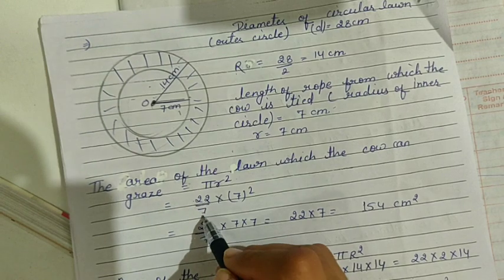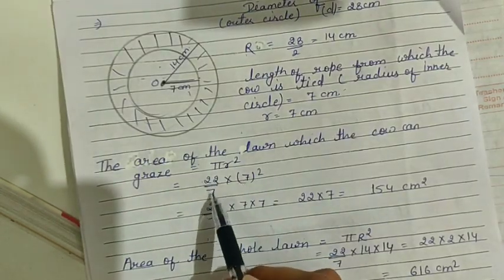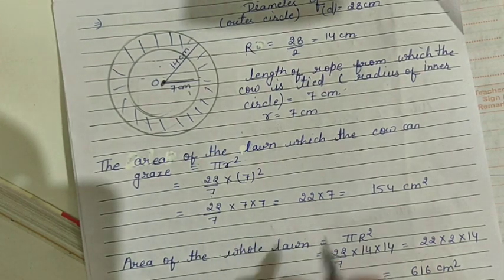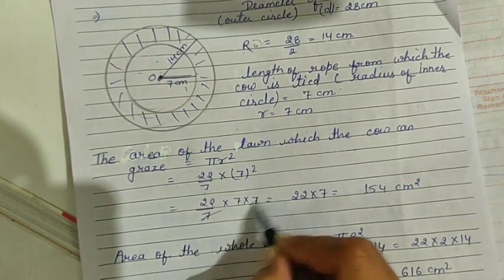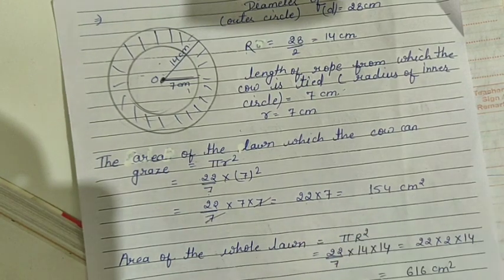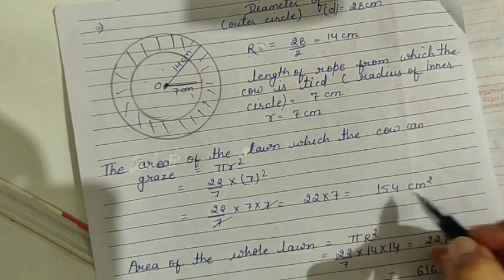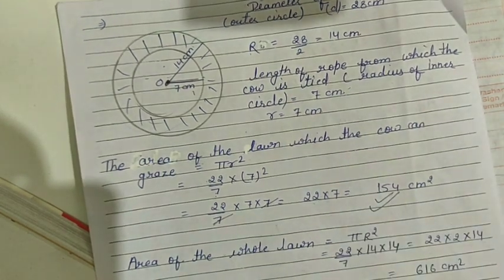Pi is 22 upon 7 and small r is 7. So 22 upon 7 into 7 into 7. 7 is cancelled by this 7. So 22 into 7 is equal to 154 centimeter square. Now this is the area which the cow can graze.